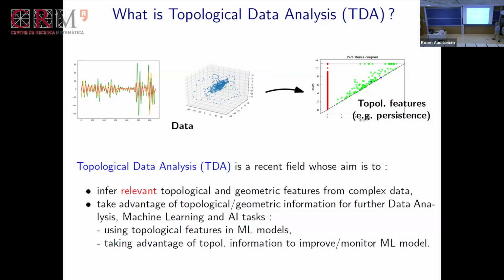Today we will talk about this first step, and we will talk about a specific central theory in this domain, which is called persistent homology. And tomorrow and on Thursday, we will talk about the second goal of topological data analysis, which is to take advantage of this topological information in data to do some further analysis, like machine learning or statistical work.